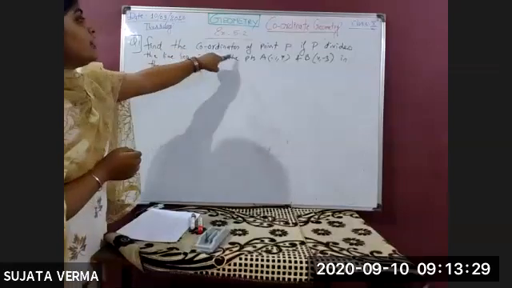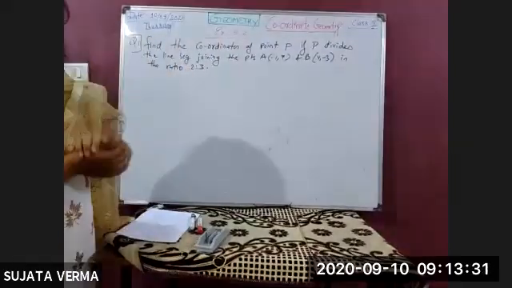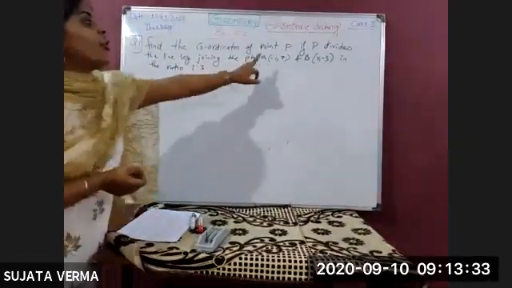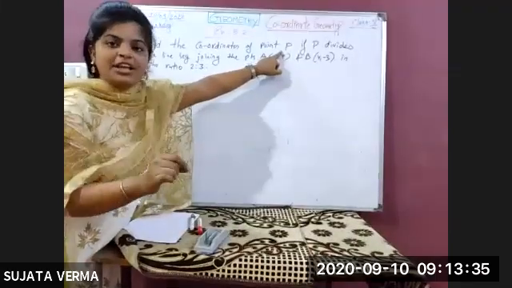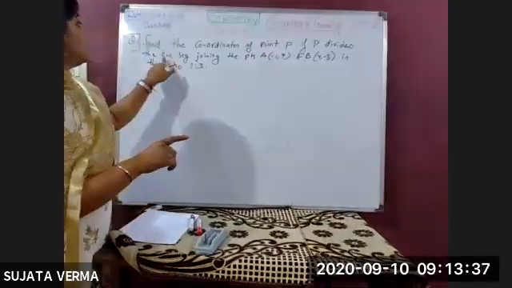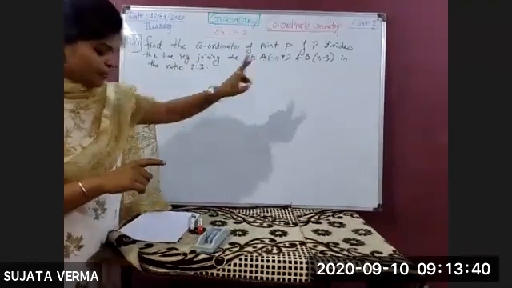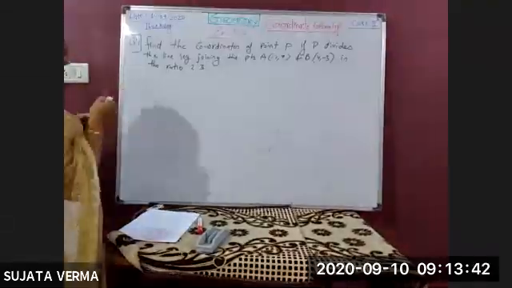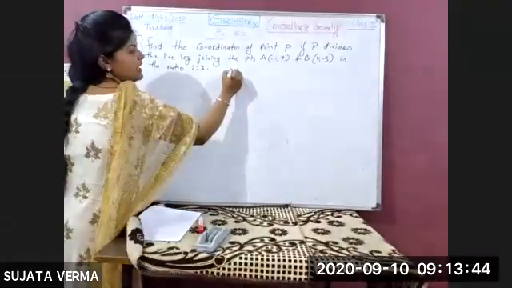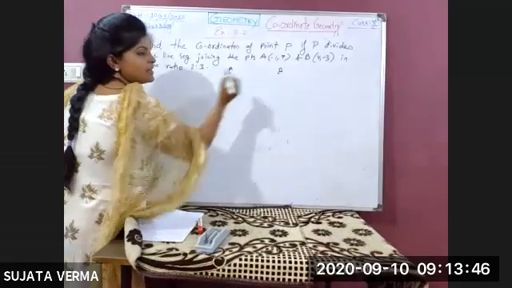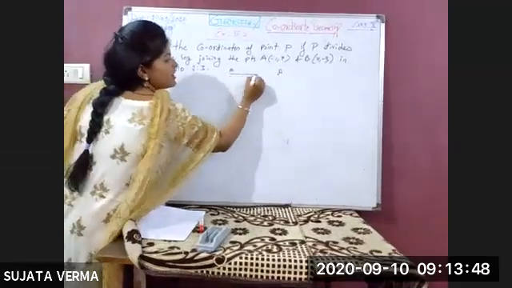Find the coordinates of point P. We have to find the coordinates of point P which divides the line segment joining the 2 points. So first we draw 2 points, A and B, and then we draw a line.